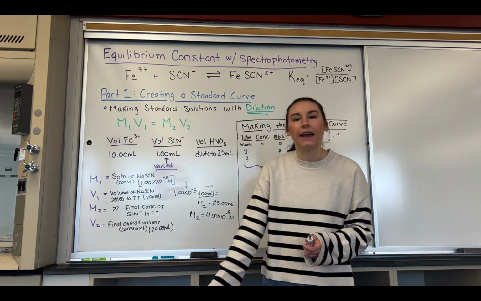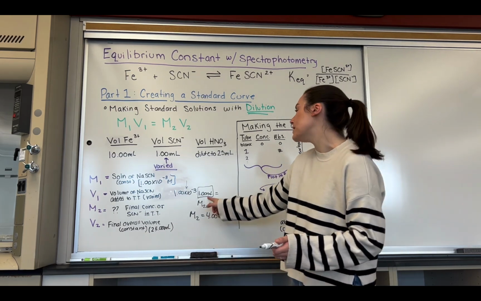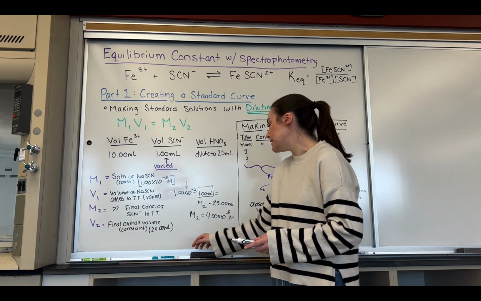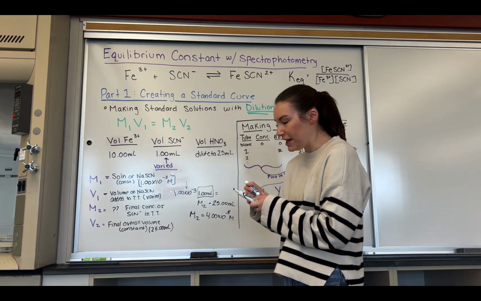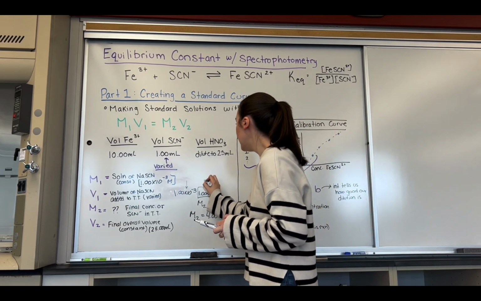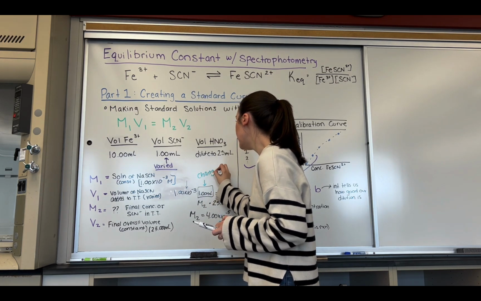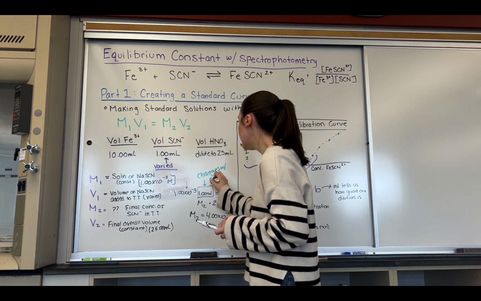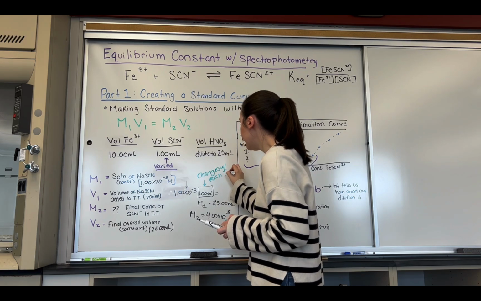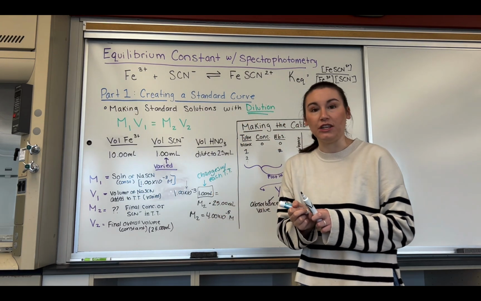The only thing that's varied in these different test tubes is the volume of the SCN. So the only thing that's going to change is this volume 1. So it's going to change with each test tube.